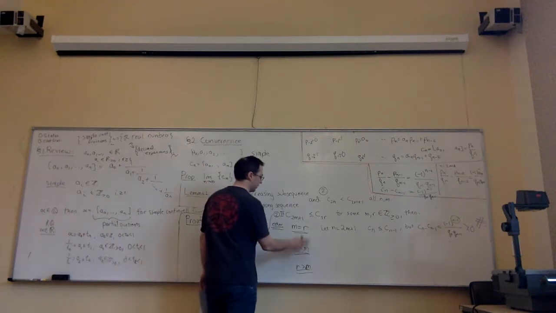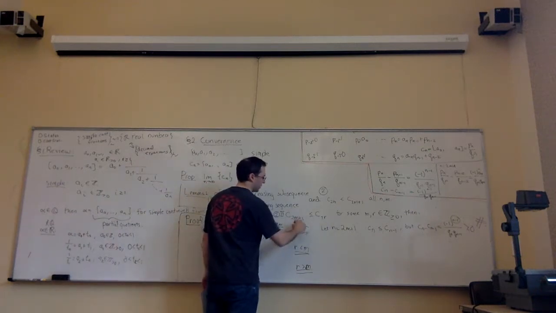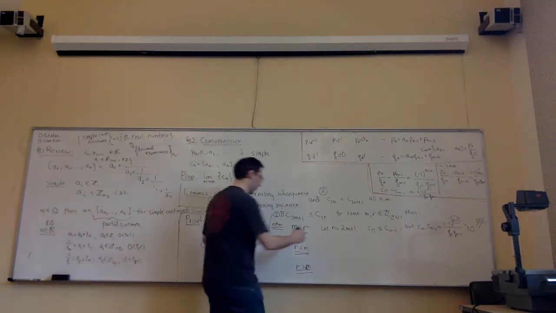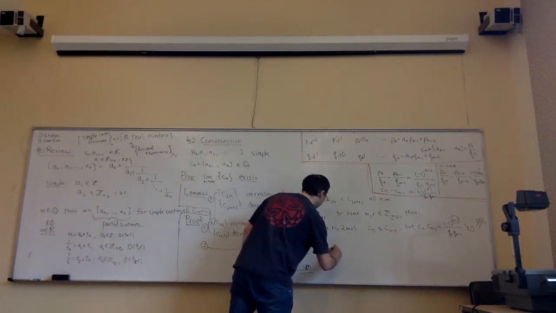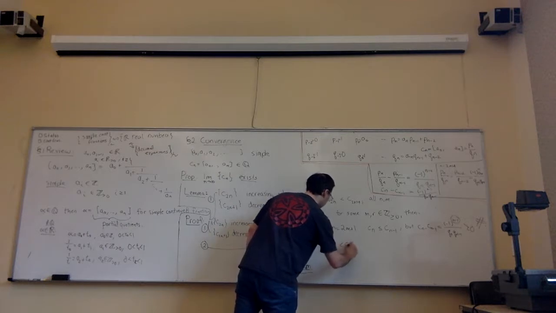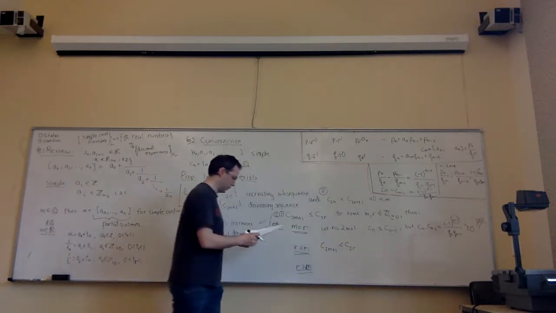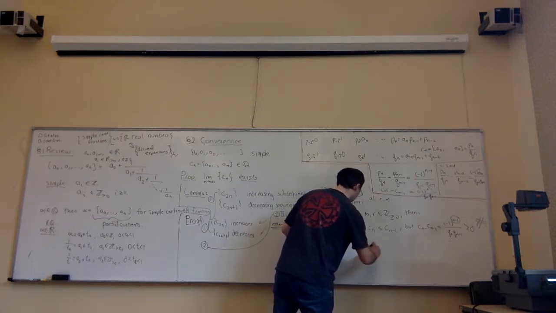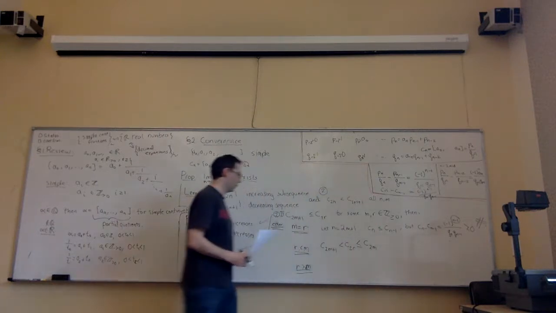So again, you have these two numbers. This inequality holds, and we're assuming that r is less than m. So we're going to write it as follows. We have c sub 2m plus 1, which is less than c sub 2r by assumption. And this is less than or equal to c sub 2m. Why is that?